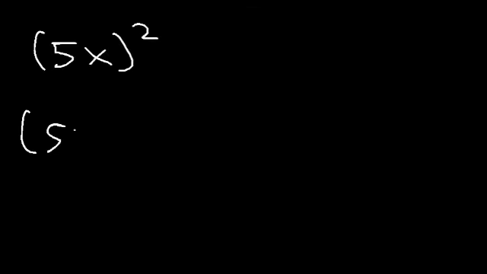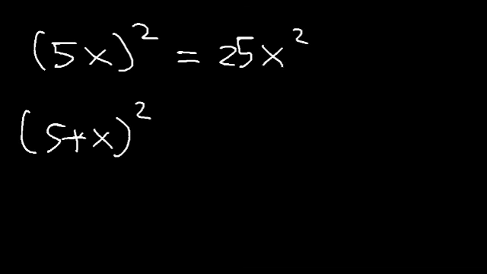By the way, what is the difference between 5x squared and 5 plus x squared? Are these the same? 5x squared is basically 25x squared. But 5 plus x squared is not 5 squared plus x squared. It doesn't work that way.